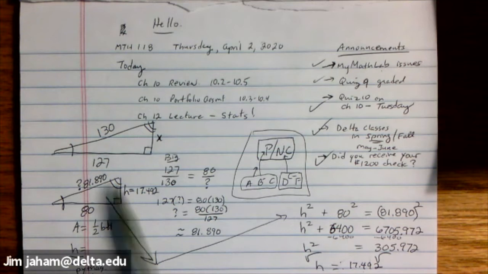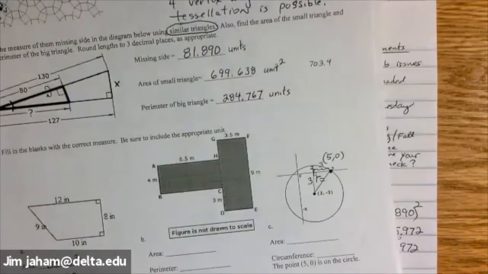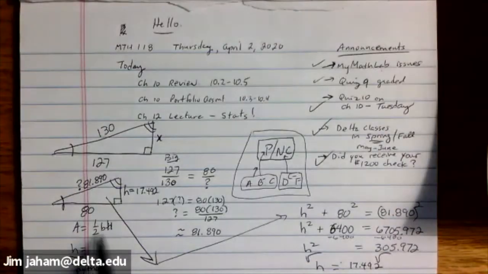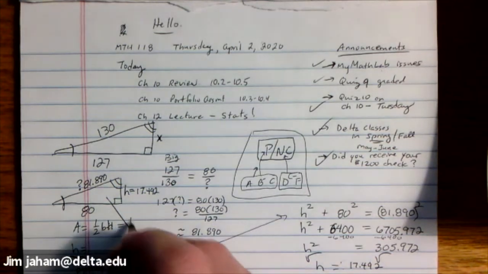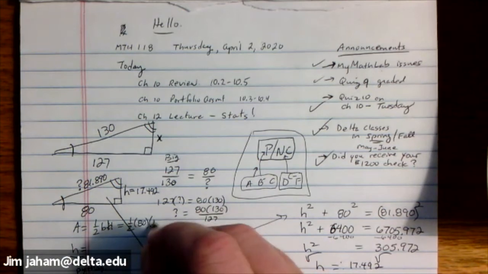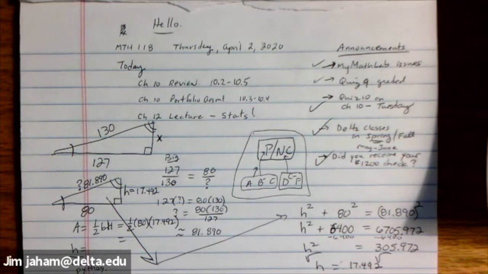So since we have the three sides, we could add these three to get the perimeter. Our problem says, let's find the area of that small triangle. So the area is 1/2 base times height. So 1/2 times the 80 times the 17.492. And so you just punch that onto your calculator.